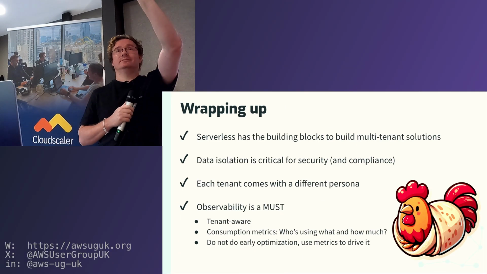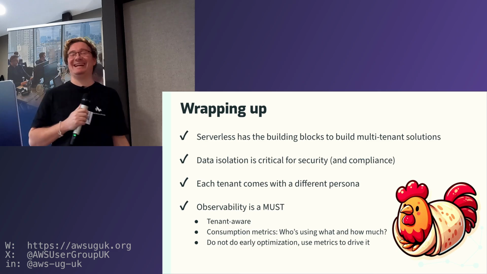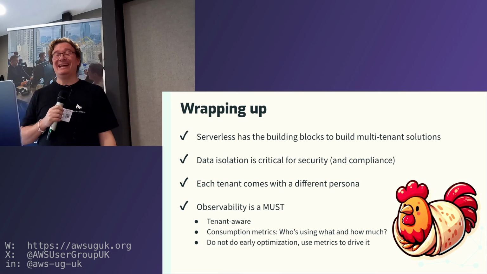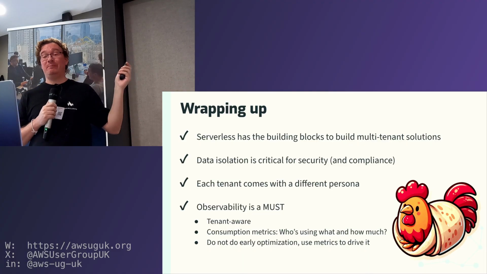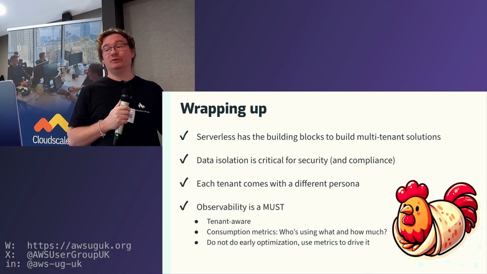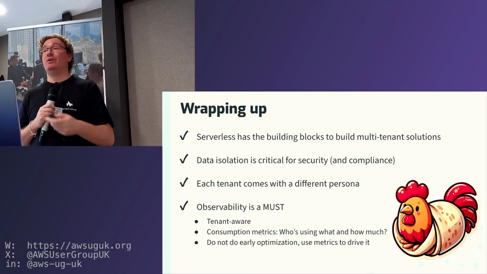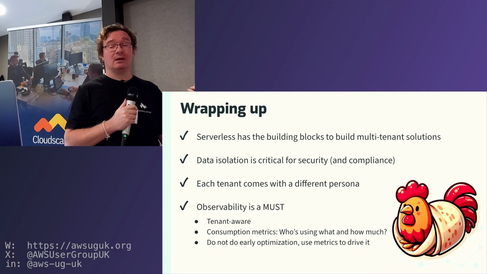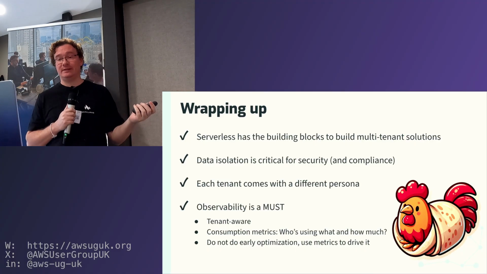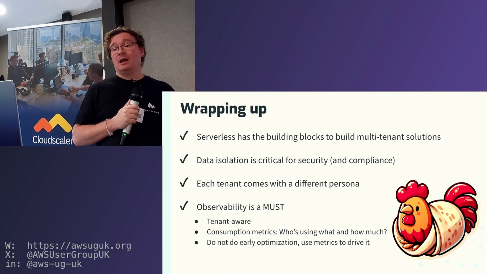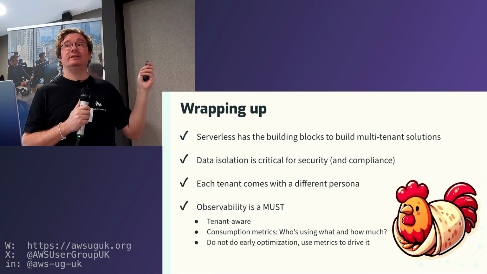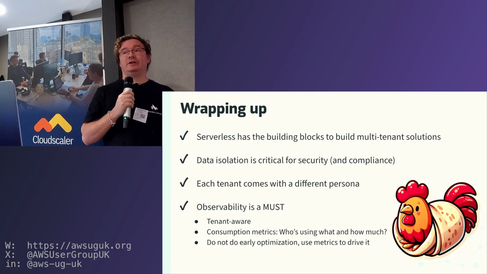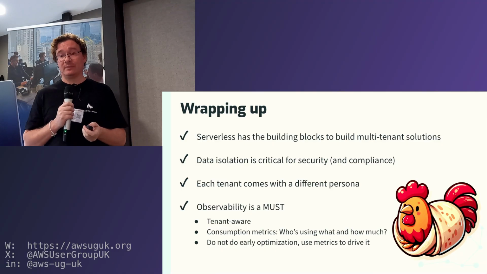Wrapping up. Yeah, so we saw that serverless has all the building blocks that we need to build multi-tenant solutions. We don't need to reinvent the wheel here. It helps us accelerate adoption, but data isolation is very critical for security and compliance.